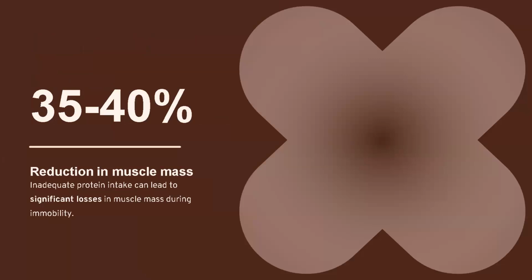As earlier mentioned, in immobility, we've got 35 to 40% reduction in muscle mass, and inadequacy in protein intake can significantly increase this percentage, going up to around 70% as seen in studies by Brooks earlier mentioned. So adequacy in protein will help mitigate and reduce the percentage in muscle mass loss.